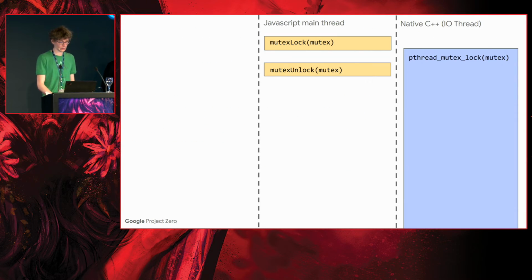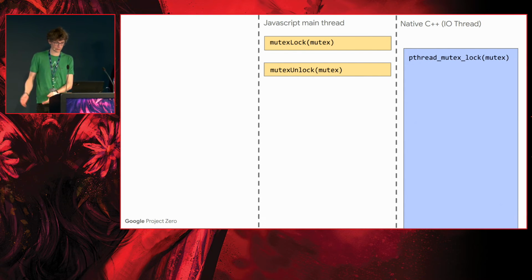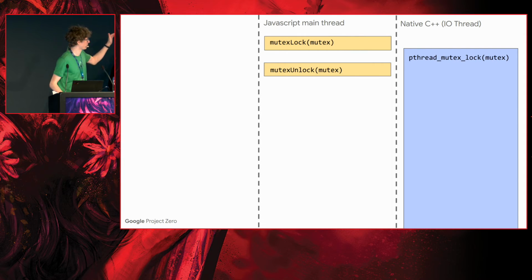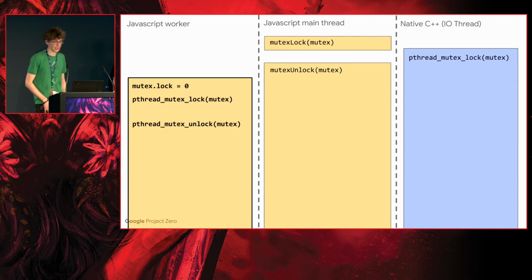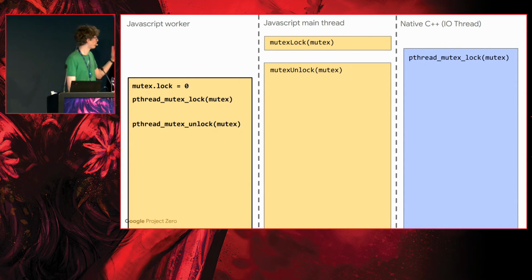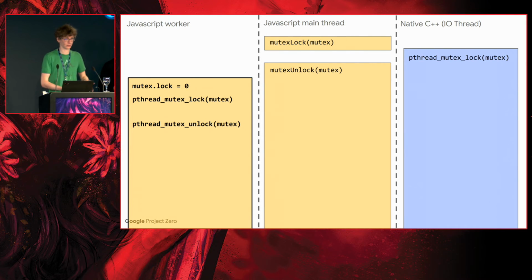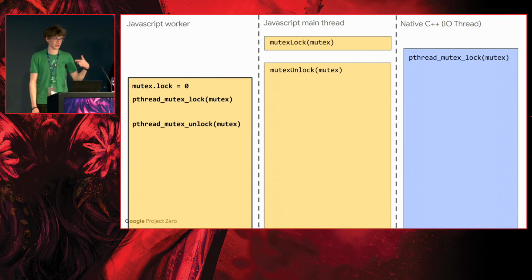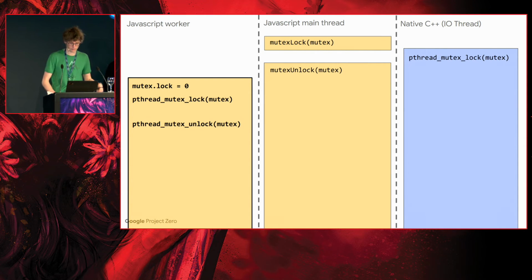So we're sitting here, the IO thread is stalled. When we unlock the mutex, we can see somebody else is waiting for us to release that mutex. We need to add another thread. So we add in a worker. What that worker will do is forcibly unlock the lock, so just set it to unlocked, and then start spinning using that primitive to lock and unlock this mutex.